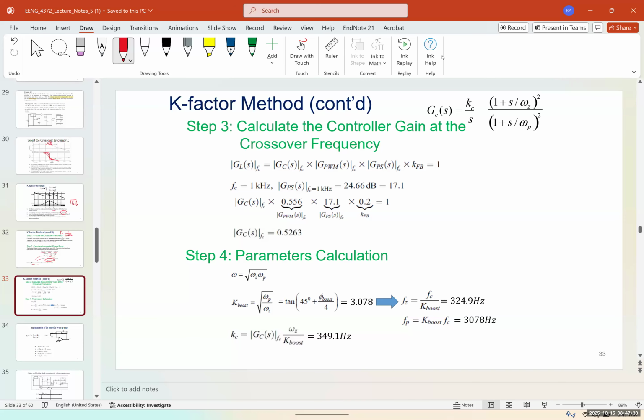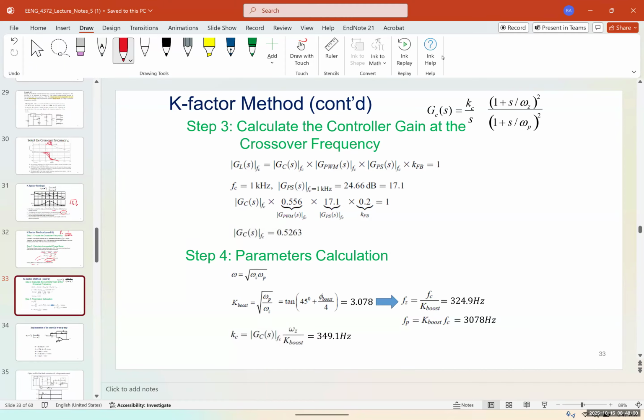And then we calculate the control gain at the crossover frequency. So GOS at the crossover frequency is going to be GC times GPWM times GPS times KFB, which will be equal to 1. FC is 1 kilohertz, and GPS at 1 kilohertz is going to be 24.66 dB.